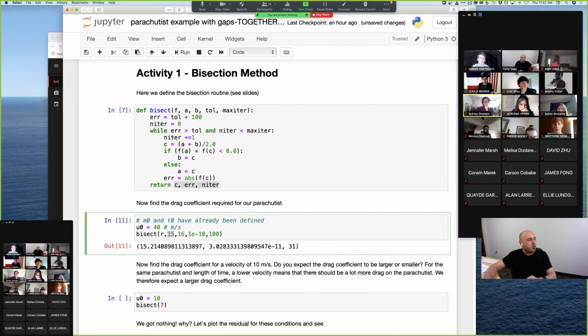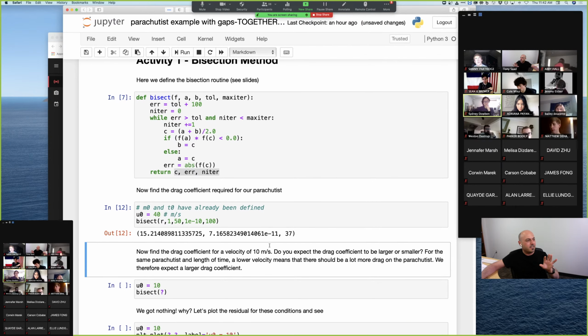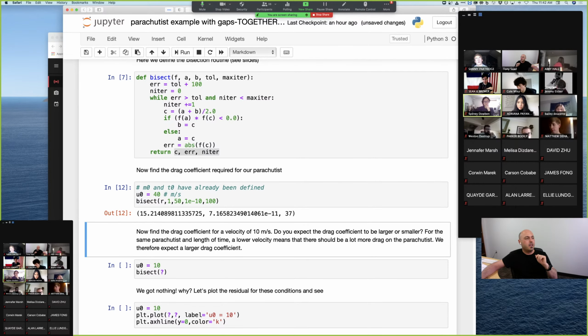Let's do a bracket between 1 and 50. 37 iterations. That's almost the same as doing the bracket between 10 and 20, okay? So as long as the bracket contains the root, the number of iterations is not going to be significantly costly, not such a big deal.